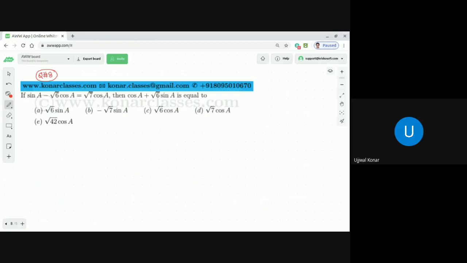Okay. So how are you approaching, dear students? I found the value of root 6 sine A, like multiply the equation by root 6.